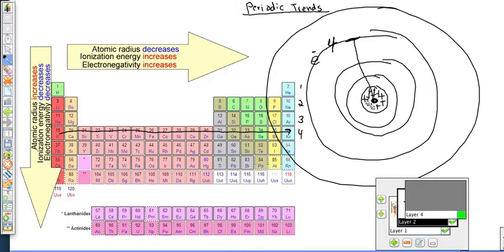And if they keep adding more and more positive charges, that's going to attract those electrons more. It's going to pull on them harder, which is going to do a lot of things. If it pulls on them harder, it's going to make the atom smaller. If it pulls on them harder, it's going to increase the ionization energy, because ionization energy is the energy needed to remove electrons.